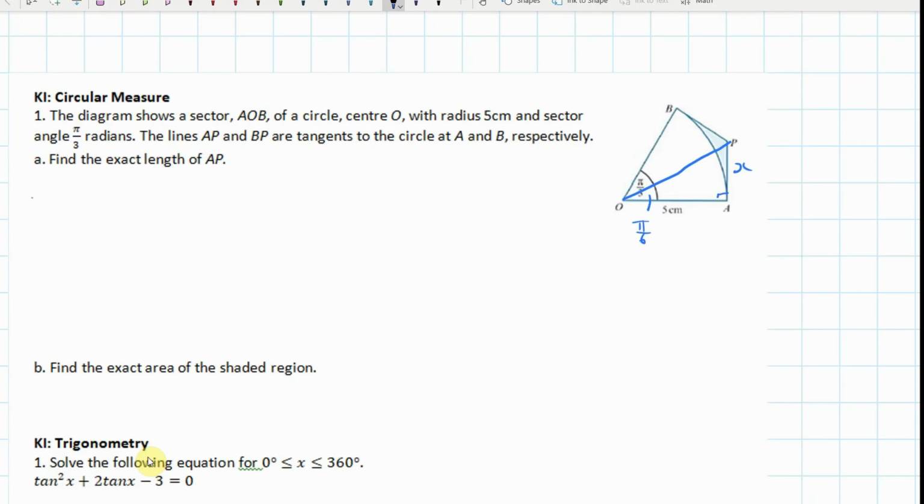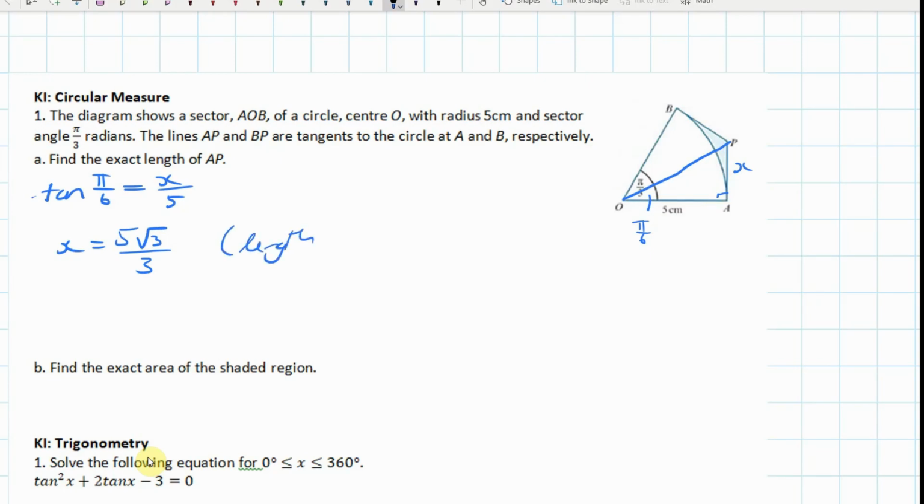So that would be opposite over adjacent, so it should be, I think, tan of pi over 6 is equal to the unknown over the adjacent, which is 5, and so x is equal to, now what does this work out to be? Tan of pi over 6 is square root 3 over 3, times that by 5, so we get 5 square root 3 over 3.